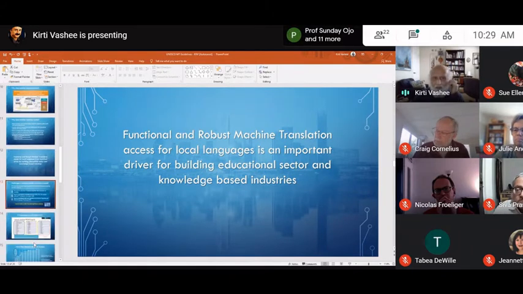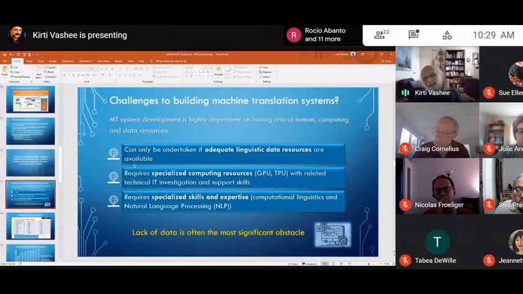So when we look again at what it takes to build a machine translation system: if we agree that the availability of machine translation technology for your language is really important, what are the challenges to building better MT systems, or building any MT system for your language?